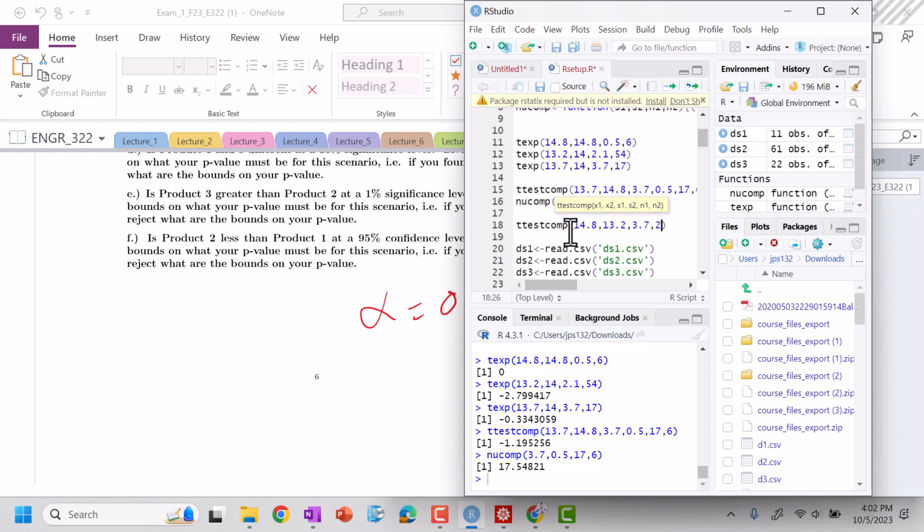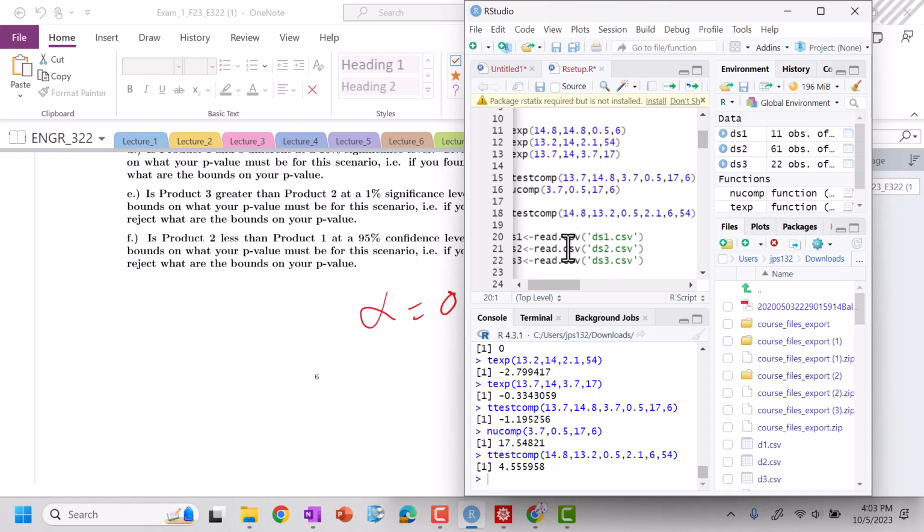And then 2 is 2.1. Then our number of 3 is going to be 17. Oh no, excuse me, it's been a long day. 13.2 for 1. The standard deviation is 0.5. Then it's 2.1, and then the number of 3 is going to be 6, and then 54. All right. A little difficult there. So that's our t-test comparison value, so 4.